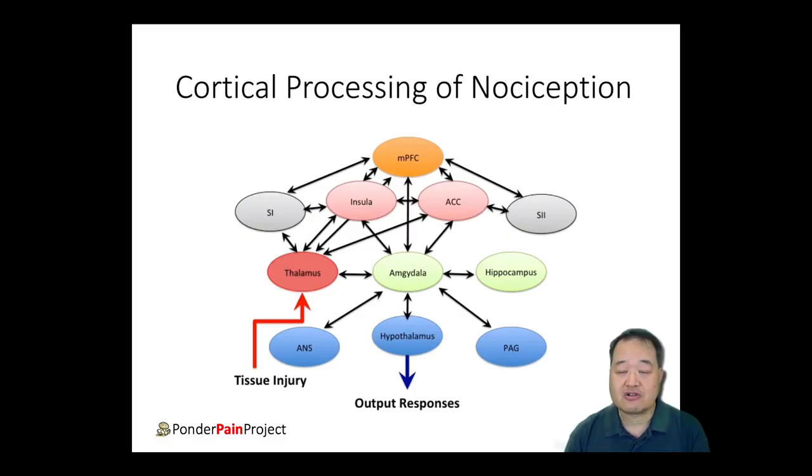These are all structures that are located deeper within the brain and are responsible for processing of things like emotions and affect, and are responsible for processing of memory. And these are really, really important as we look at people with pain, and especially if we look at the mechanisms that underlie chronic pain. But these are discussions we'll have as we start to talk about chronicity of pain and the differences that occur between acute pain and chronic pain as we start to look at things in the future.